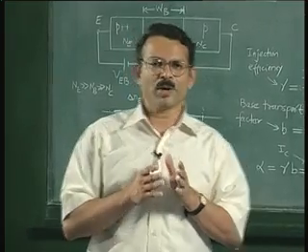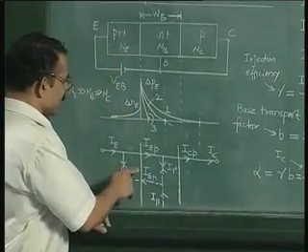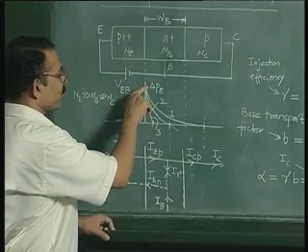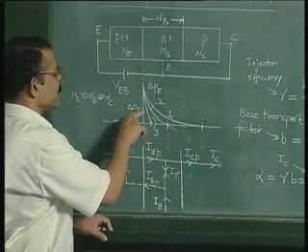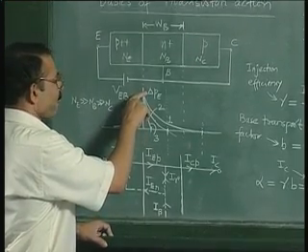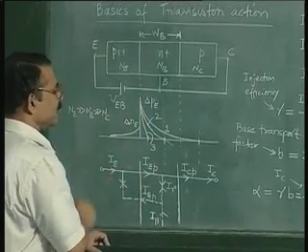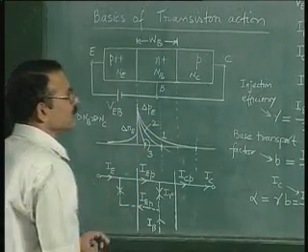That is one very important condition, because only under that condition this electron concentration will be much less than the hole concentration, and that is IEN will be much less than IEP, and the base width should be very small.